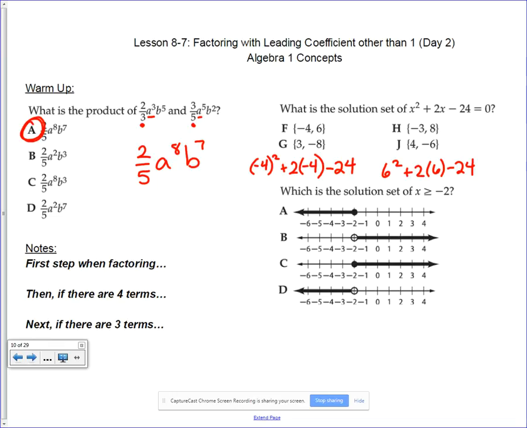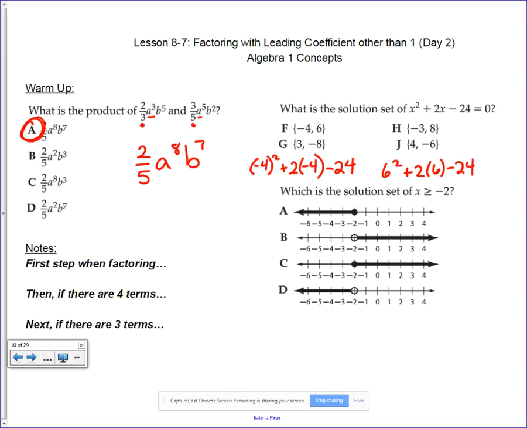Does it work? No? You guys did not get 6 to work? Okay, grab your calculators.